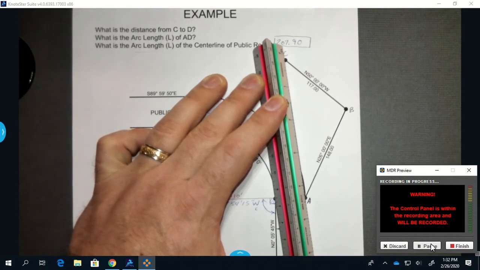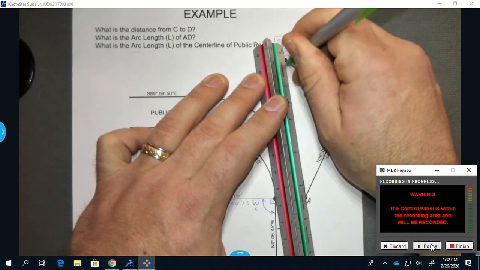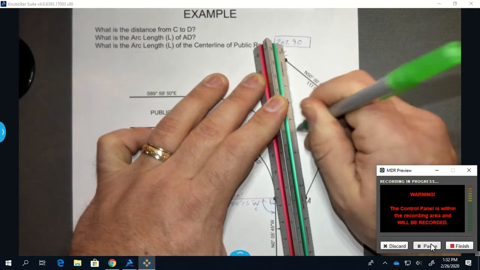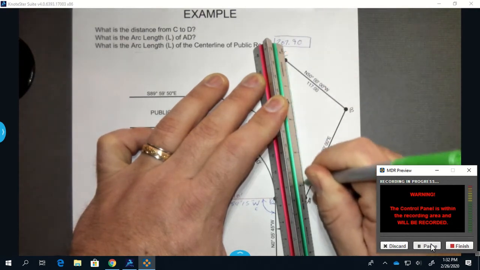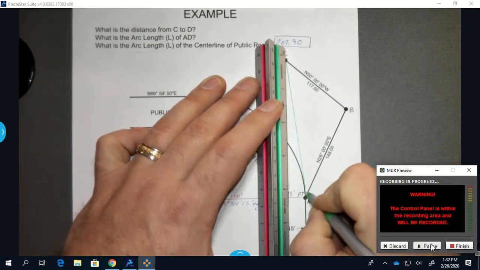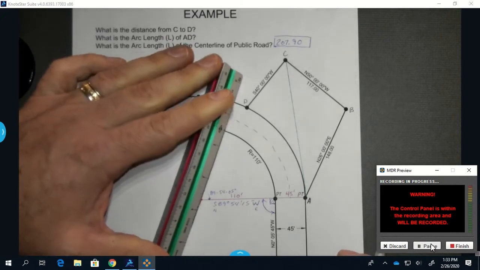This will work. All right, so that's one of the triangles.